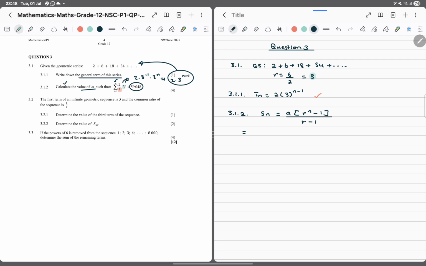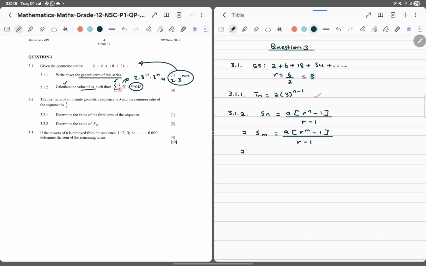Alright, so this implies that Sm is going to be equal to A into r to the m minus 1 all divided by r minus 1.